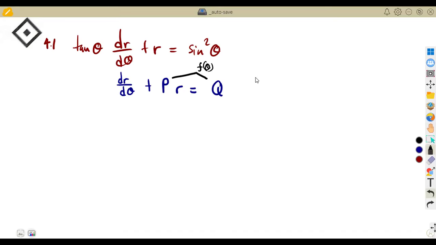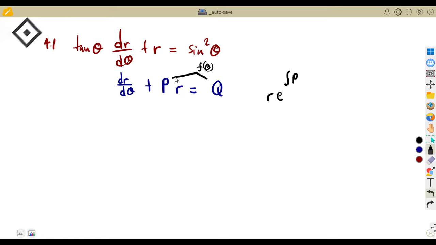If we have it in this format, then instead of y, e to the exponent, y is represented by r, so this will be r e to the exponent, which is our integral factor, the integral of p.